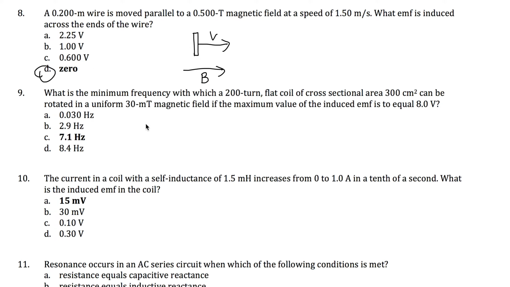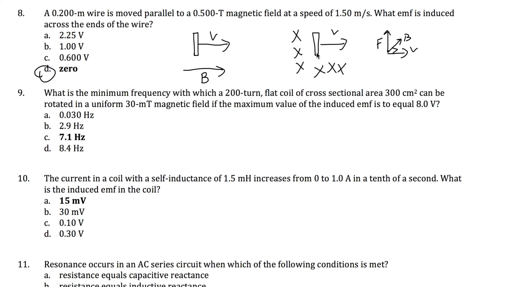Now, the way that there would have been an EMF induced, let's say for example that the bar was moving this way, but now we had a field into the page. Then you would point your fingers to the right, fold your fingers into the page, and your thumb will point upward.